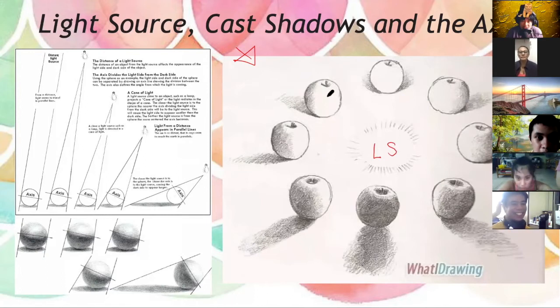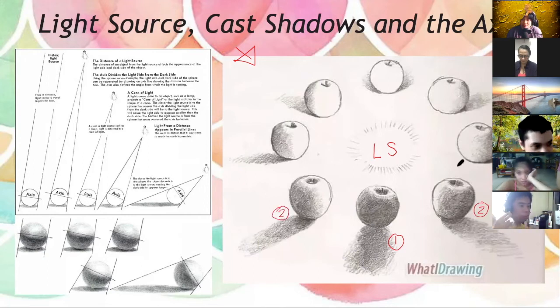All right? So as you can see, apple number 1, hindi mo masyado kita yung highlight niya kasi it is in front. And what you are seeing right now is just the back. That is why you only see the cast shadow and the form shadow, right? And then apple number 2, ang highlight niya is found in this area kasi it is facing the light source.